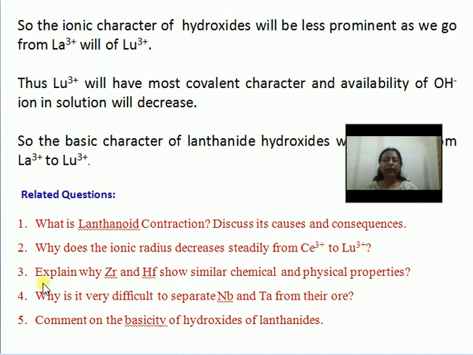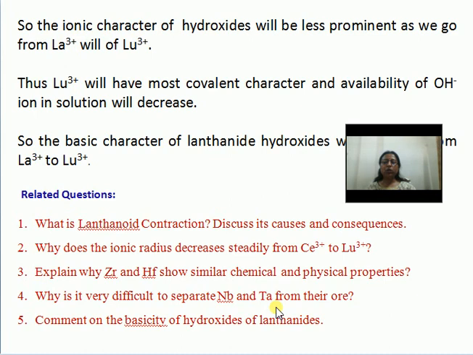And then again comes: explain why zirconium and hafnium show similar chemical and physical properties. This also I have explained to you earlier. And now, why is it very difficult to separate niobium and tantalum from their ore? These are also 4D and 5D series elements.